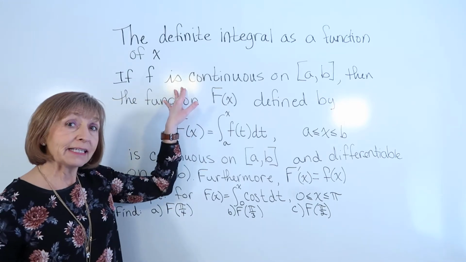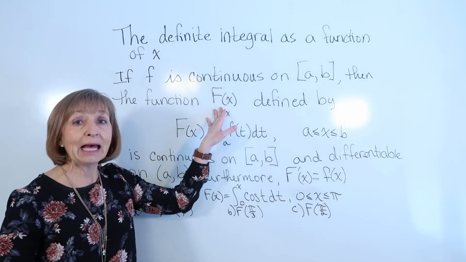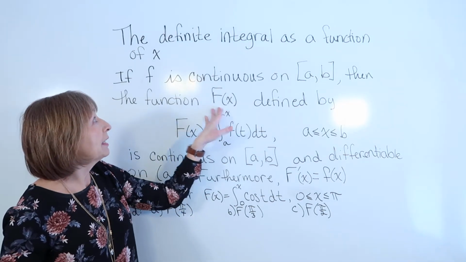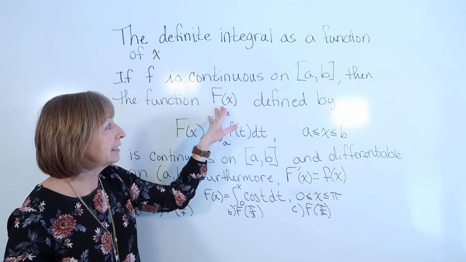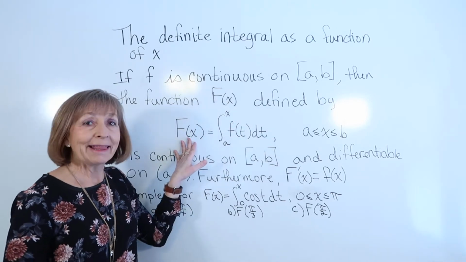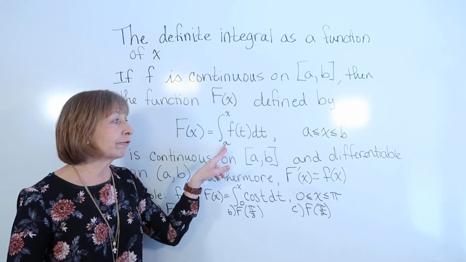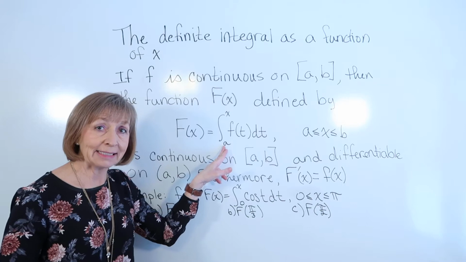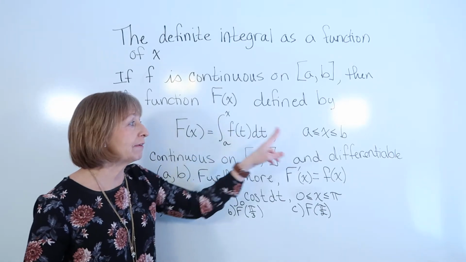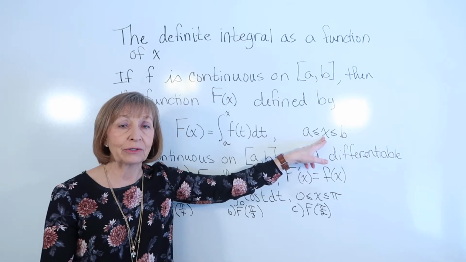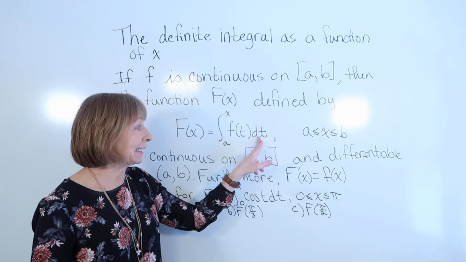So if f is a continuous function on a closed interval, then the function capital F of x, so we have our case sensitivity between the naming of the functions, defined by the integral from a constant, the start of your interval, to x, a value that varies in that closed interval, of small case f of t dt.